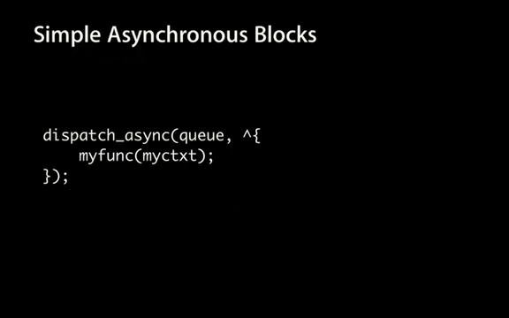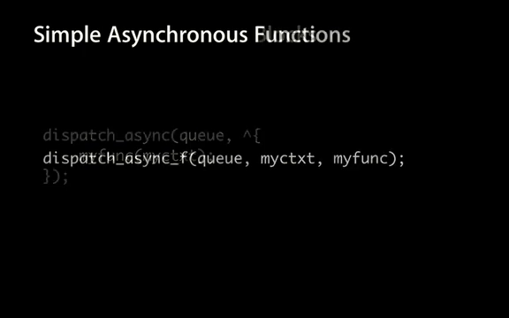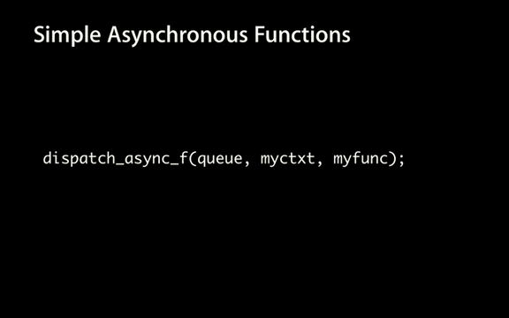This is pretty much the same code example, just written slightly differently. In our block, we're calling a function and passing a context parameter. And the point of this example is seen in the next slide. And that is we have API that is suffixed with _f. So if you have existing code that's already structured using callback functions and context pointers, you can use all of our _f variants and naturally fit into that.